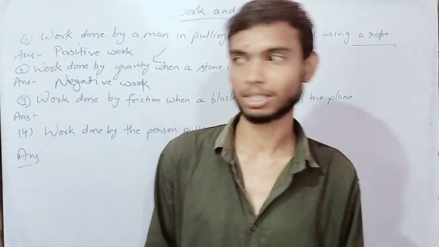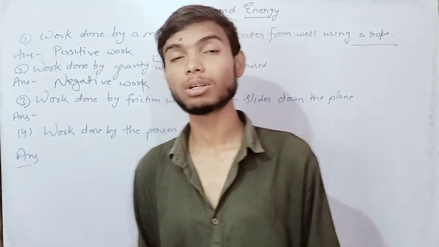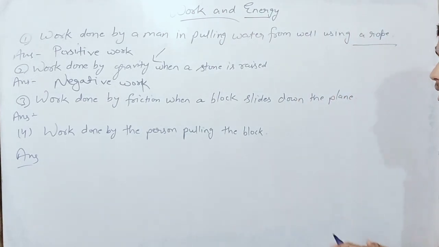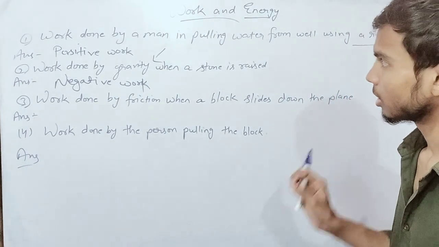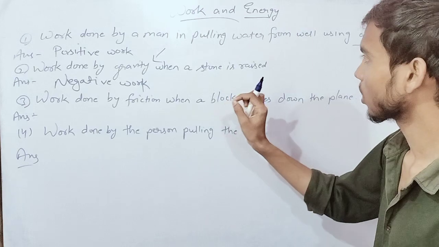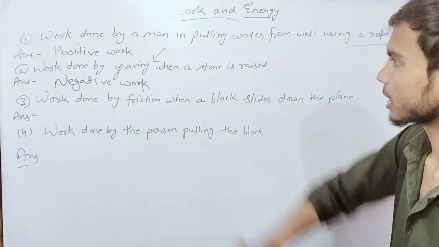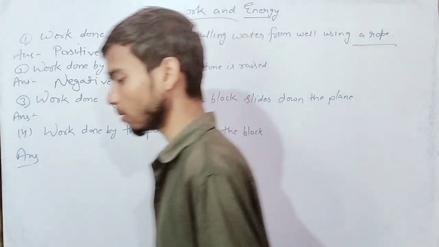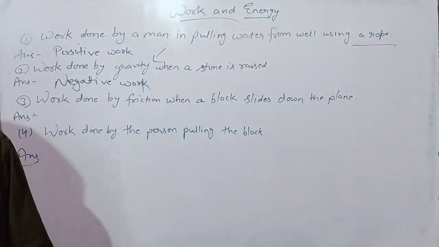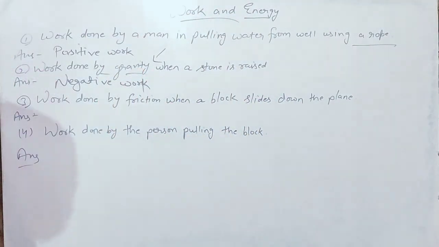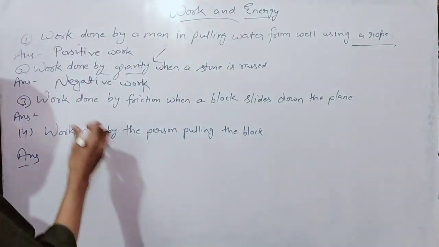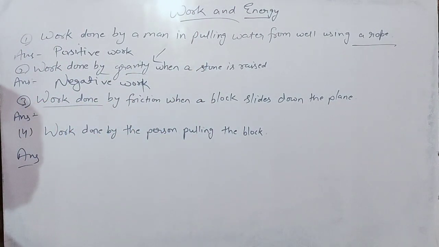That is what it is trying to tell. If this is what it is trying to tell, then I can say it is negative work because force is upward. That's why force is upward. Meaning, we can say work done is under gravity. That's it.